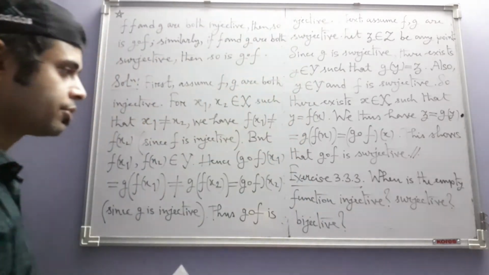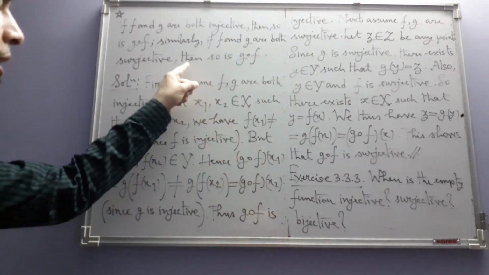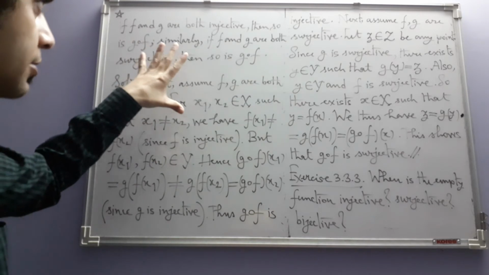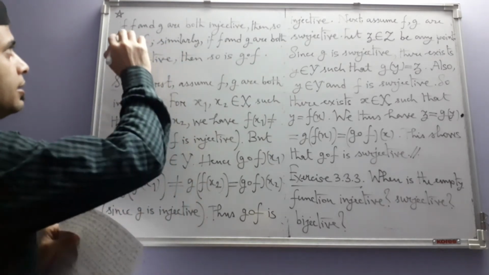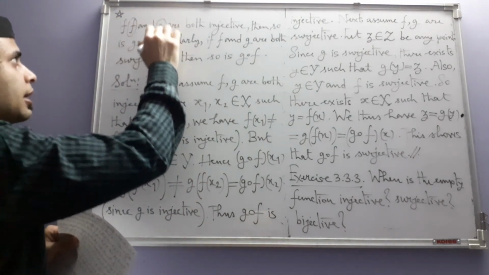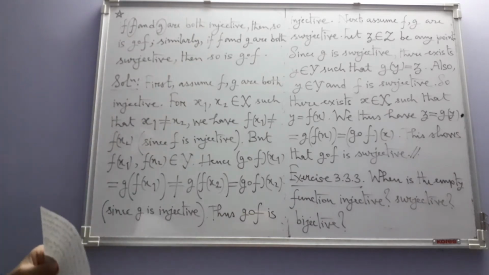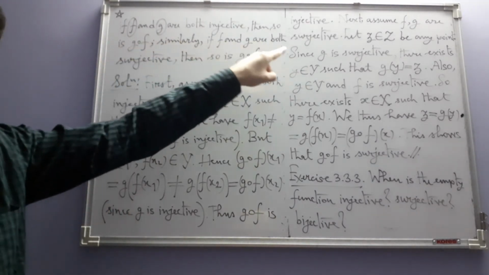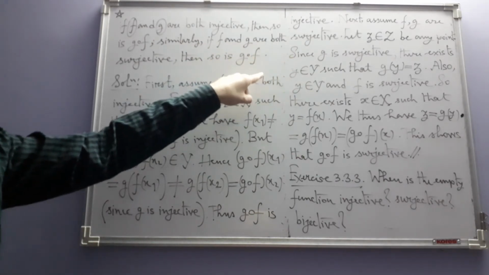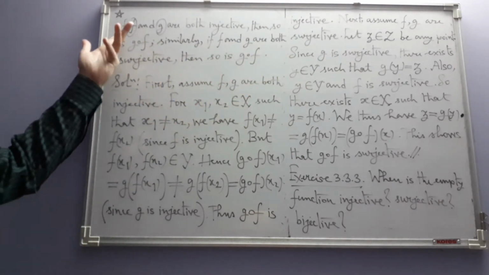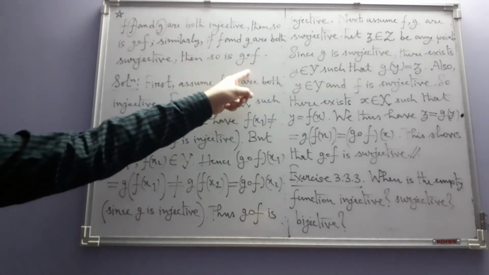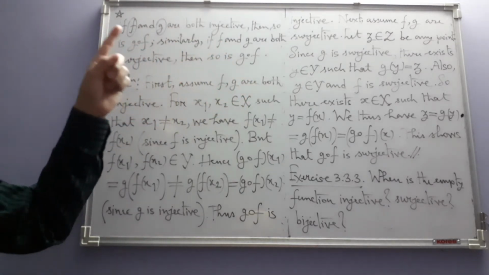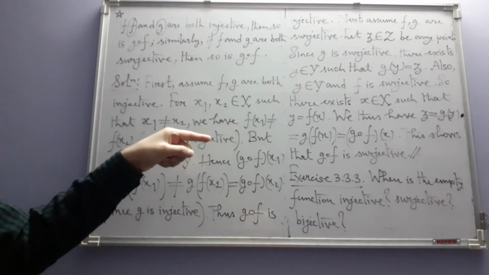Okay, by the way, before we solve this, let's have a look at one of the consequences of this exercise. What it says is that if two functions are both injective, then their composition is injective. And if they are both surjective, then their composition is surjective. That means if they are both bijective, then the composition will also be bijective, because a function is bijective when it's both injective and surjective.